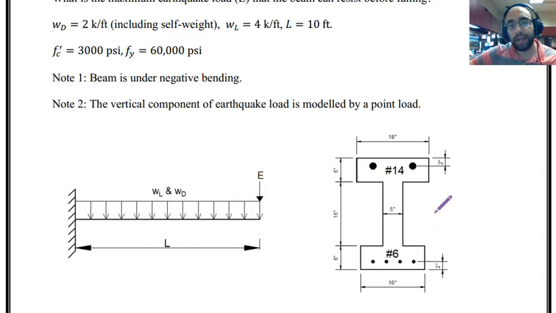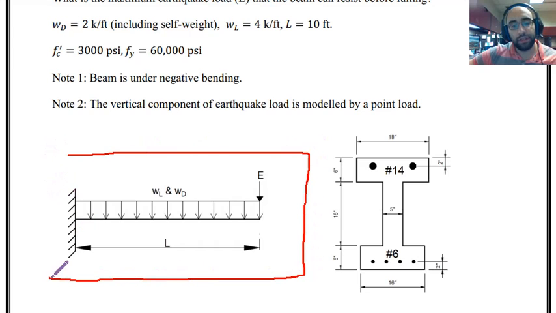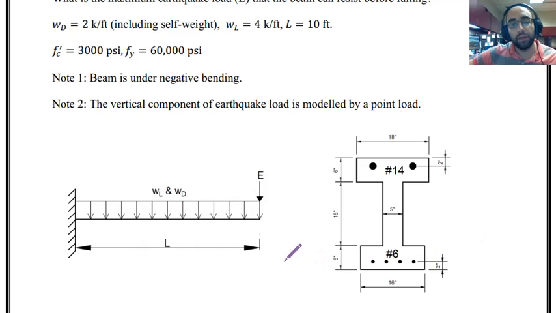Then you can see that we have both tensile reinforcement and compression reinforcement. Based on the situation that we have in this beam, I believe you know which reinforcement is compression reinforcement and which reinforcement is tensile, right? We have a cantilever beam like this.